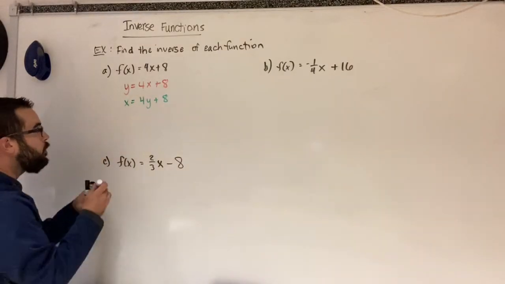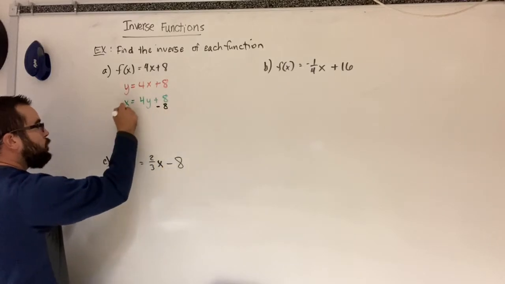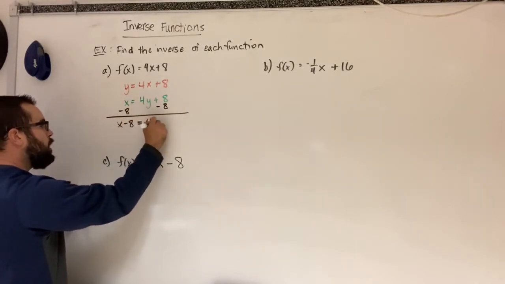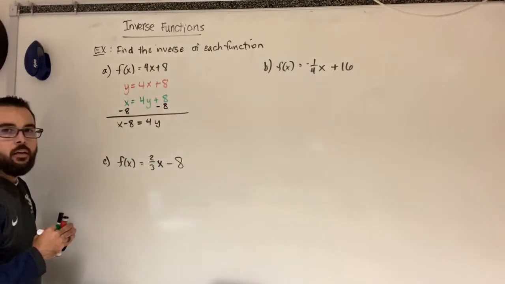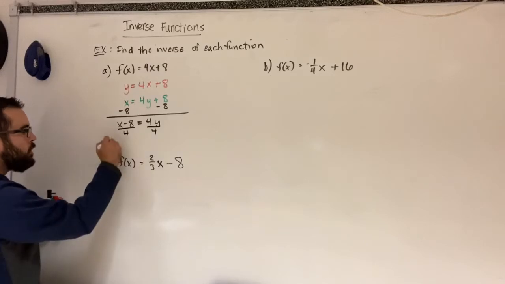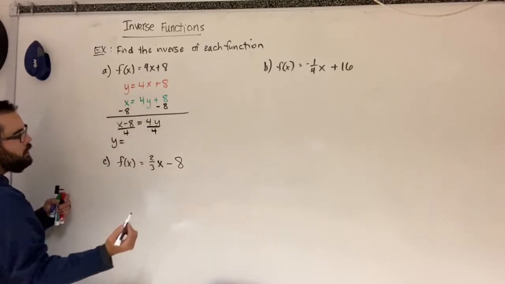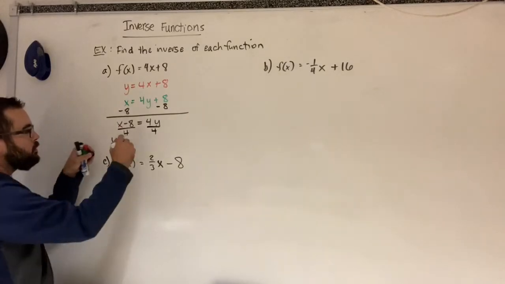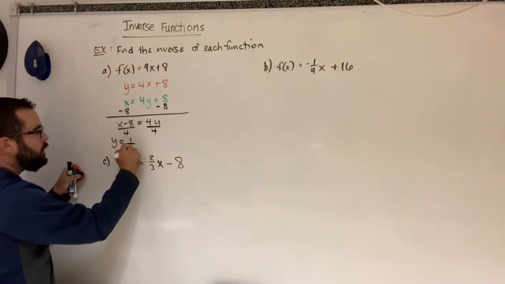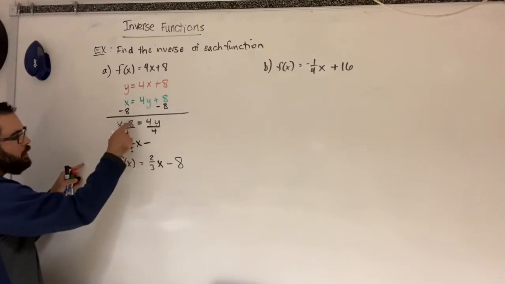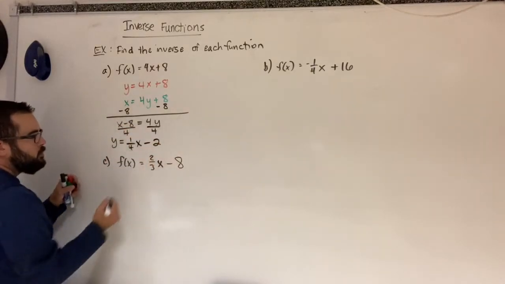So in solving for y, you would subtract 8 from both sides. So you get x minus 8 is equal to 4y. Then divide both sides by 4. And you get y is equal to, and I'm going to write it as two separate terms, 1/4 x minus 8 divided by 4 is 2.